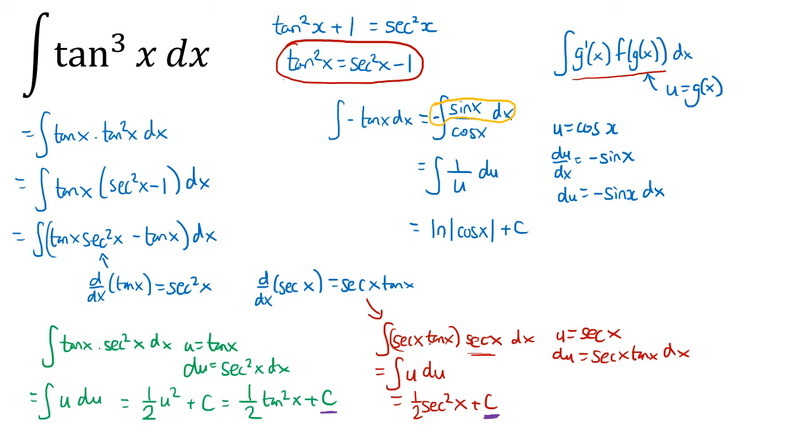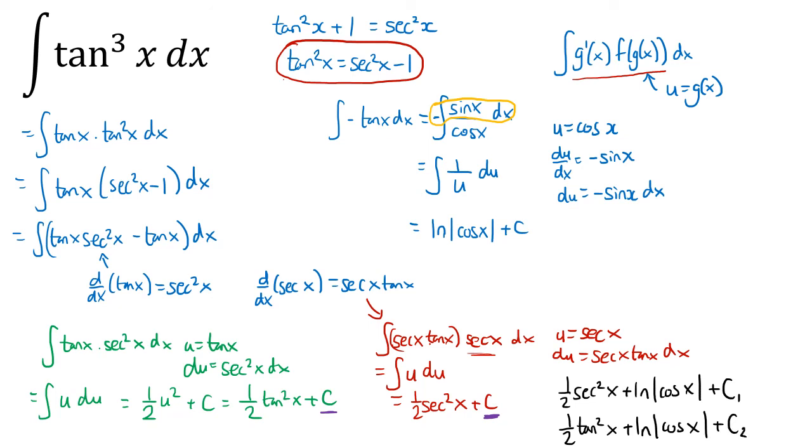So there are two ways of writing the answer to this problem. We can say that the integral is either a half sec squared x plus ln of cos x plus c1, or a half tan squared x plus ln of cosine x plus c2.